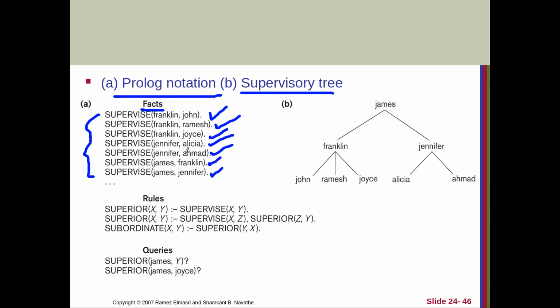So these are the facts that are already being stored. In Prolog, all these details are entered and saved. All the facts are now available.